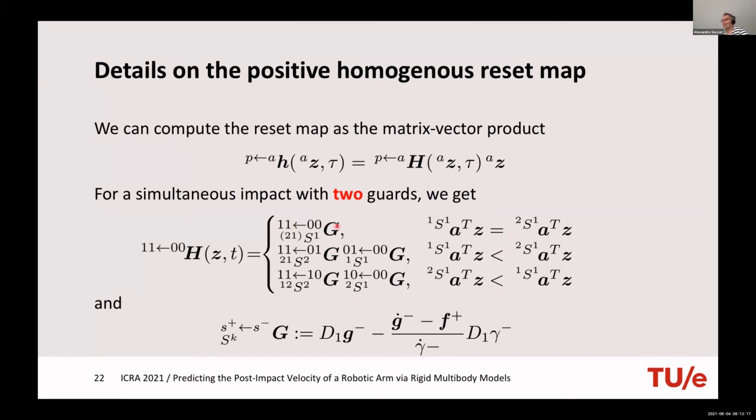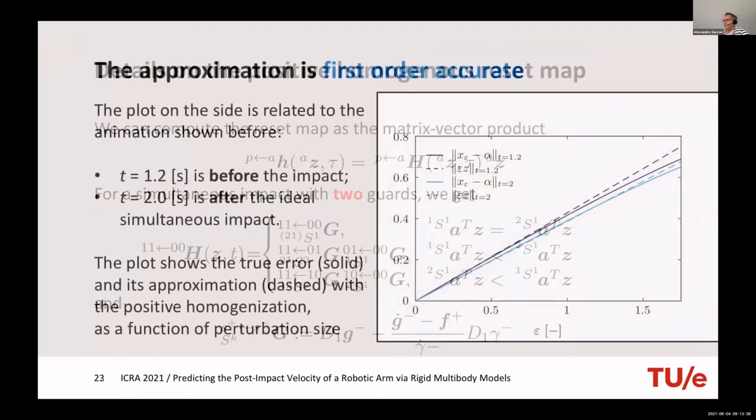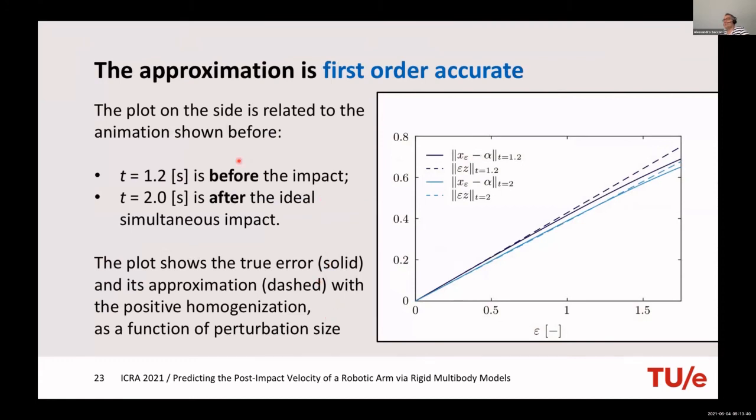So essentially, in this case, you have to enumerate all possibilities of impacts. So the first impact happening first at one corner and then the second corner, or the second corner first and then the first corner. But you can do all this analysis, and you end up with this kind of a map. So what I was saying is that it's a first order approximation.